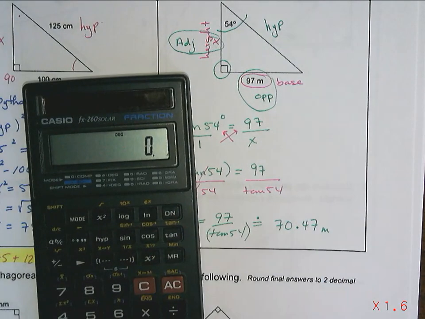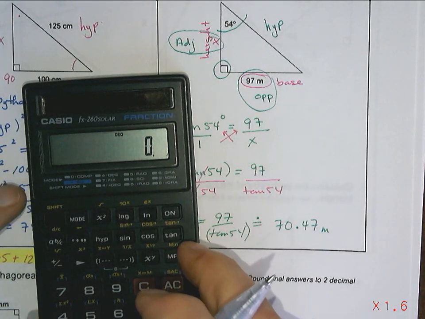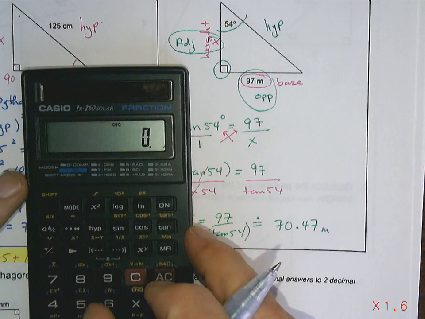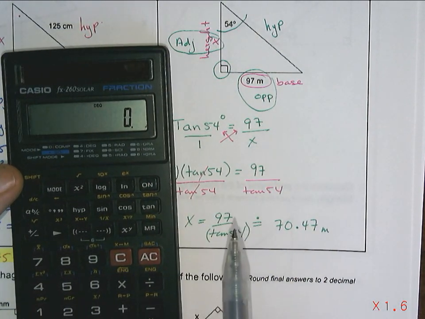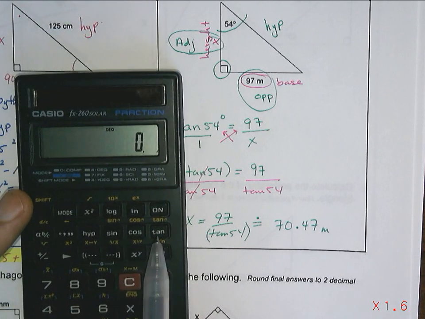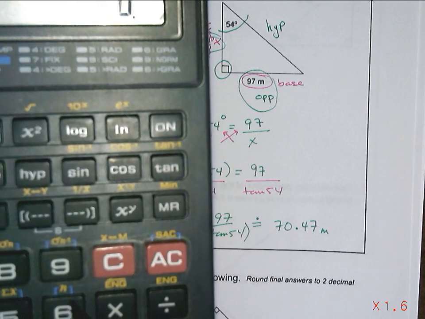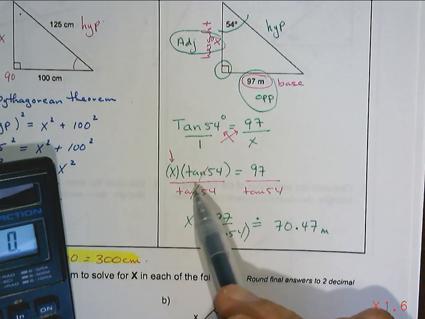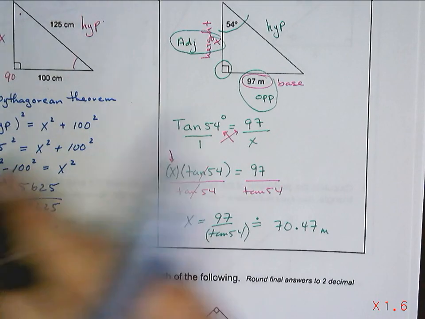So on your calculator, if I remember correctly, which calculator do you have? Show me. Okay, so on your calculator, you're going to write 97 divided by, hit the tan button first, and then put 54 in, and then equals. Okay, yeah.